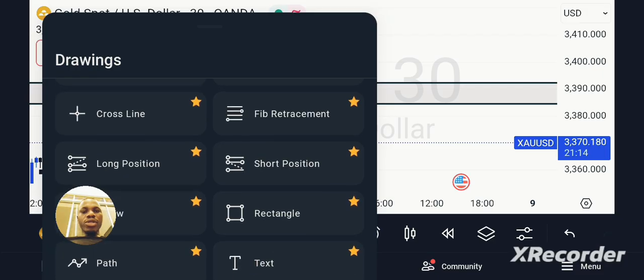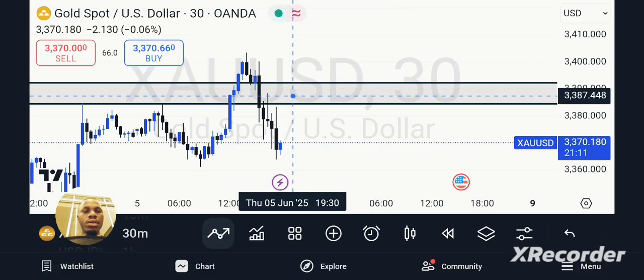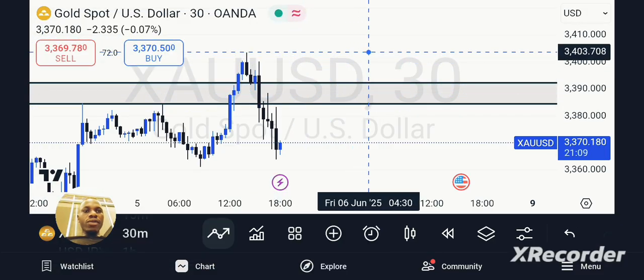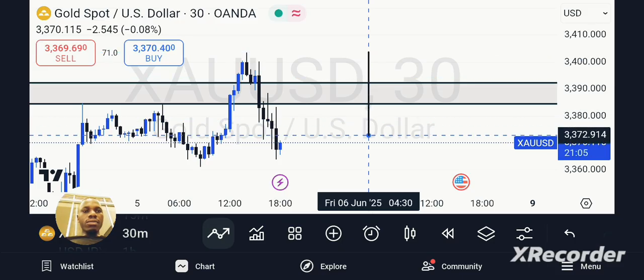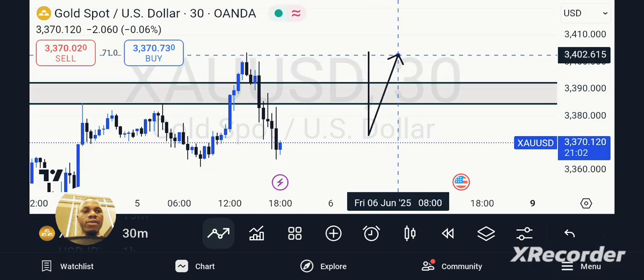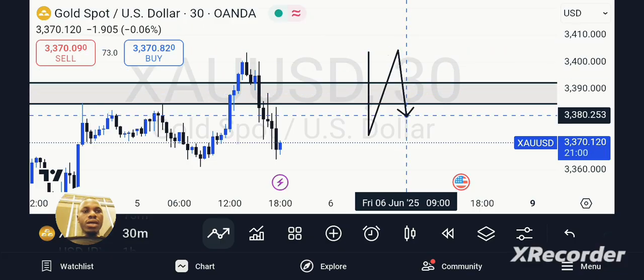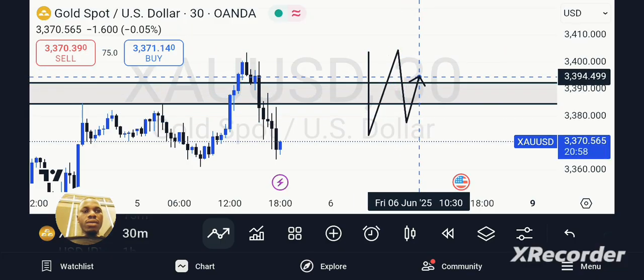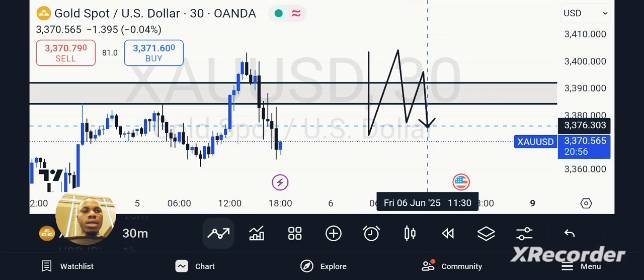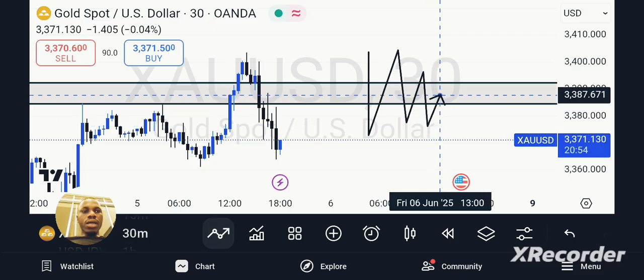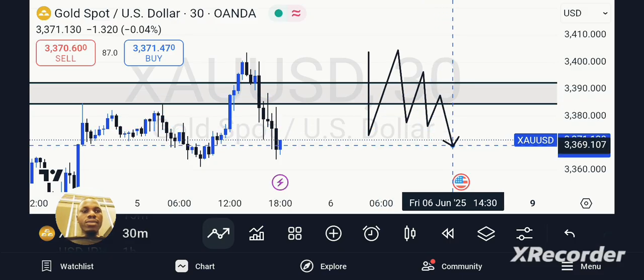You just have to look for this formation. Come, fake out, come. You just have to look for this formation for entries.